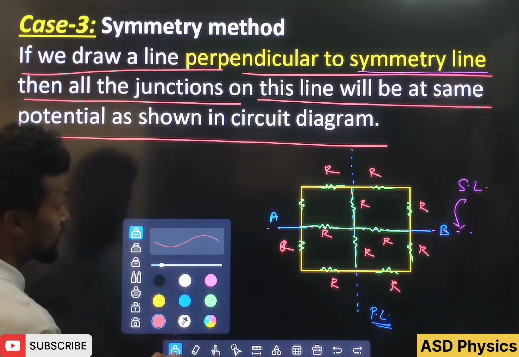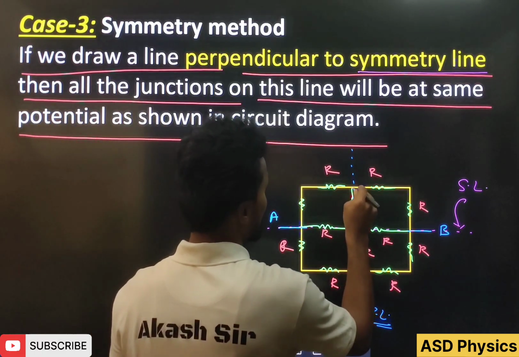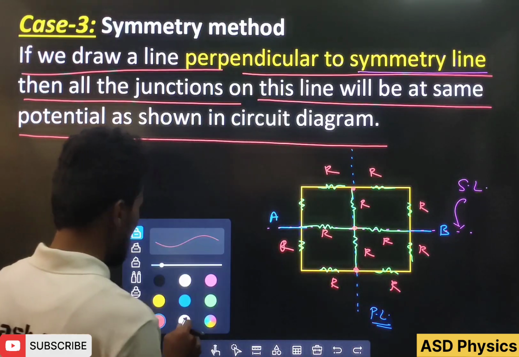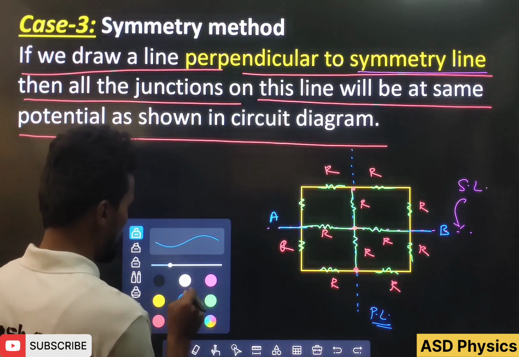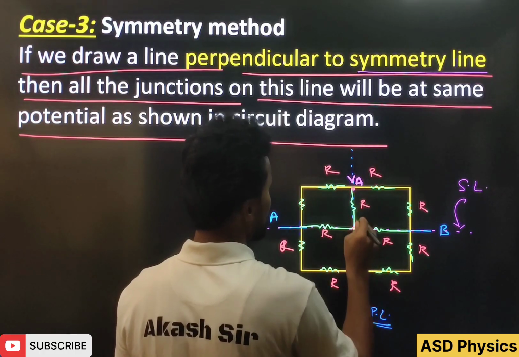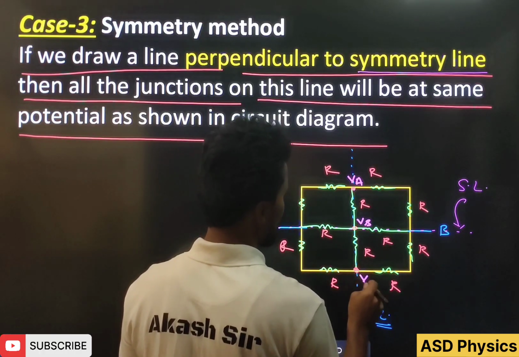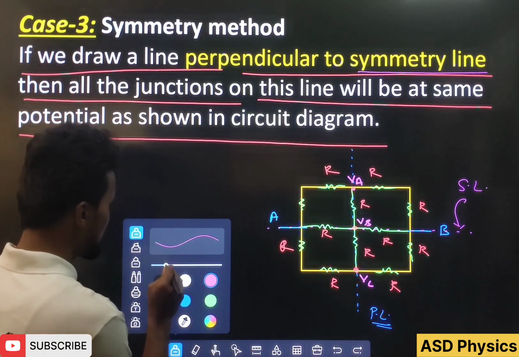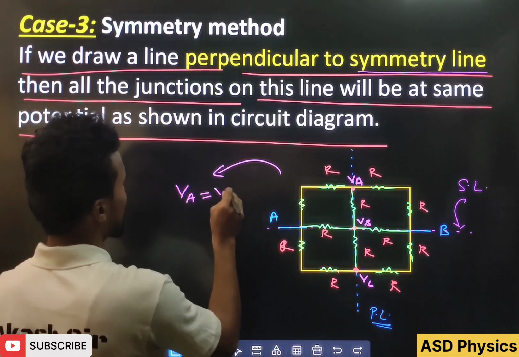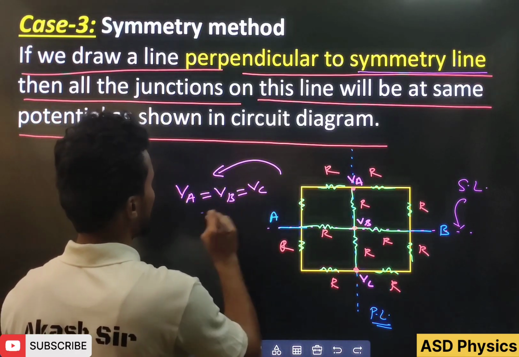Same potential. If I give the names here, let's take for example, this is VA, this is VB, and let's take VC here. All of these will be at the same potential: VA equal to VB equal to VC.